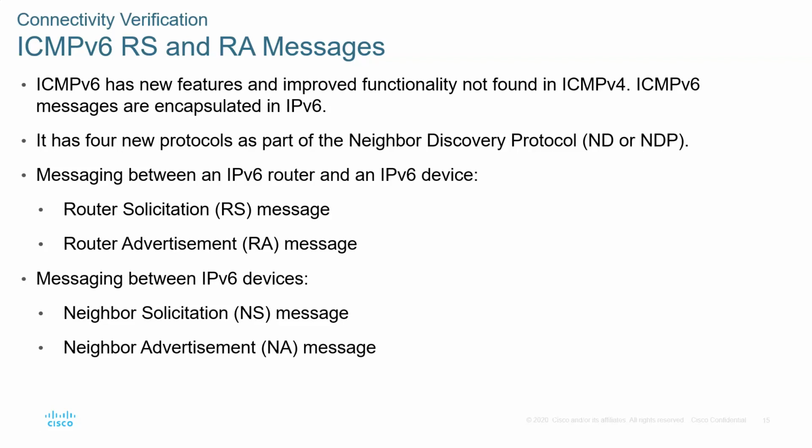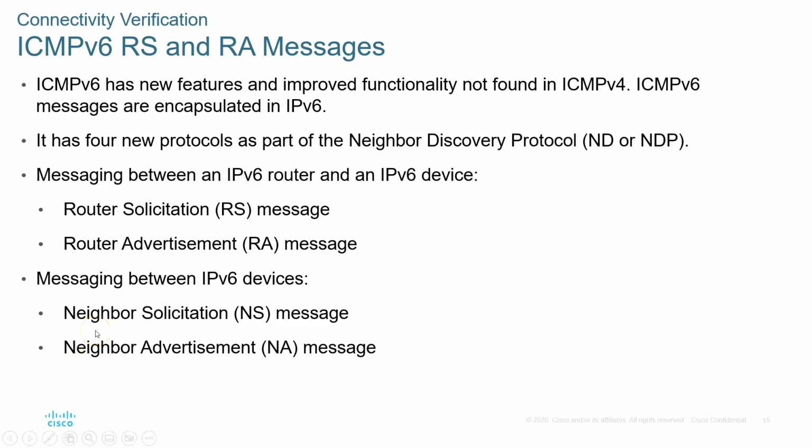Then the router will send you an RA, a router advertisement message, giving you that information. So when we're using SLAAC, the stateless address autoconfiguration protocol, to configure our devices with an IP address without the need of a DHCP server, you send out an RS and the router will send you an RA, then you'll get your network portion of the IP. And then you'll create your own host portion of the IP address randomly.